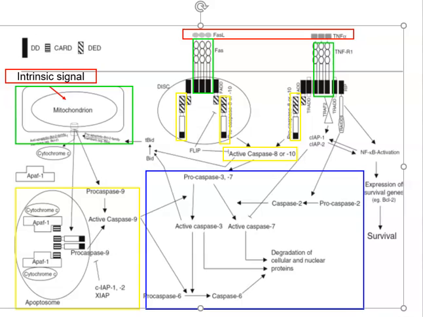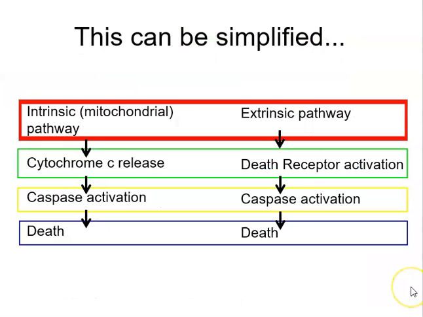The mitochondria will release its own initiator caspase into the cytoplasm, and that initiator caspase, called caspase 9, will activate executioner caspases, and those executioner caspases will degrade the cell. So two different signals, one from outside the cell, one from inside the cell, so we have extrinsic and intrinsic apoptosis. And this can be summarized here.